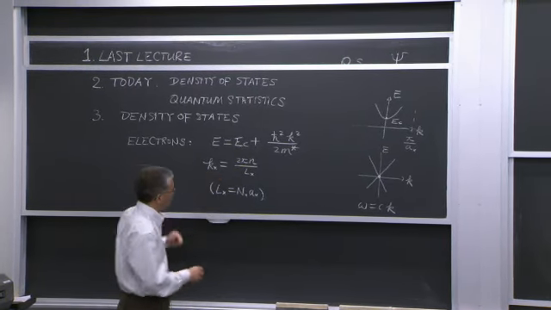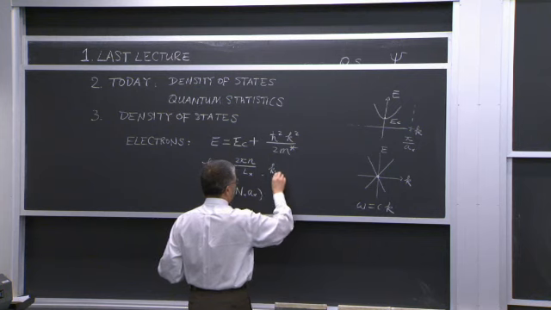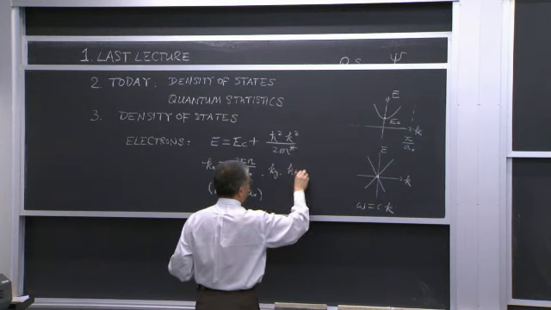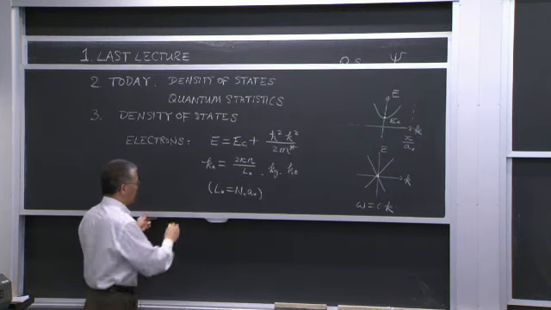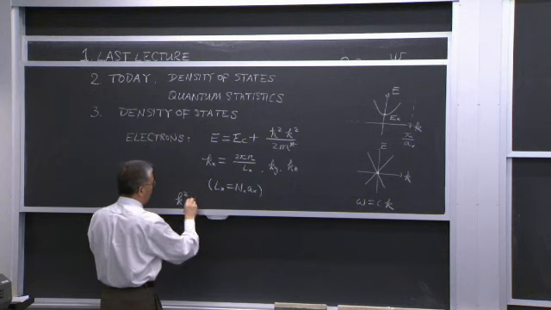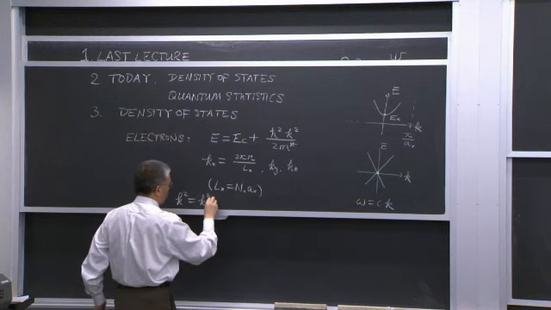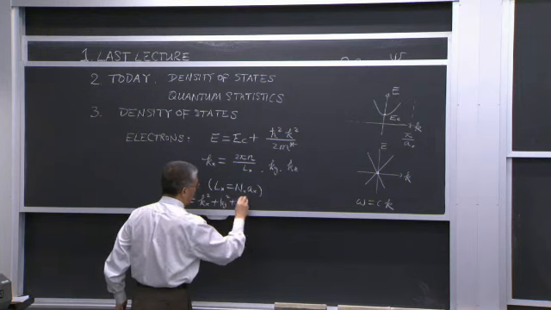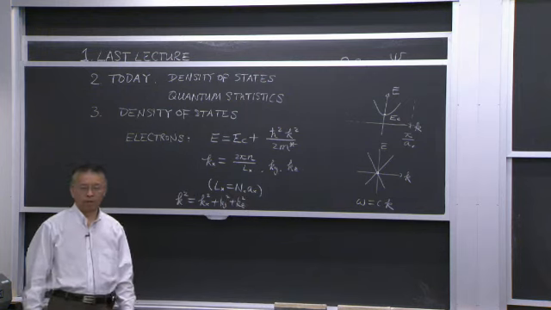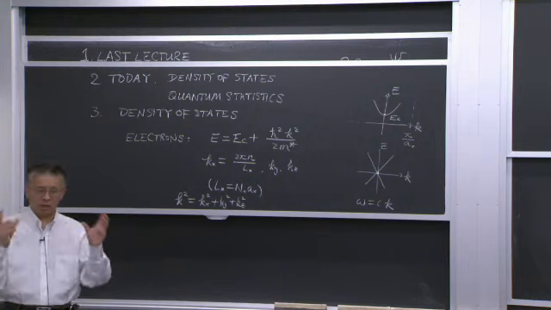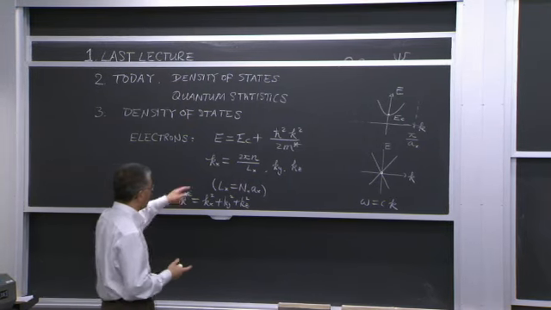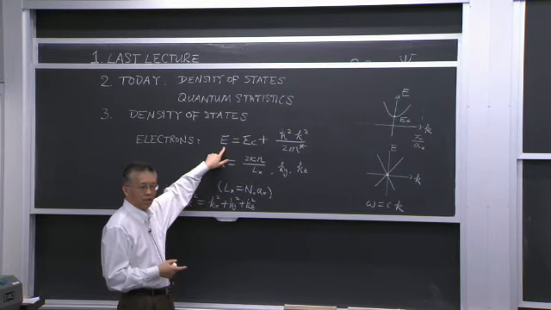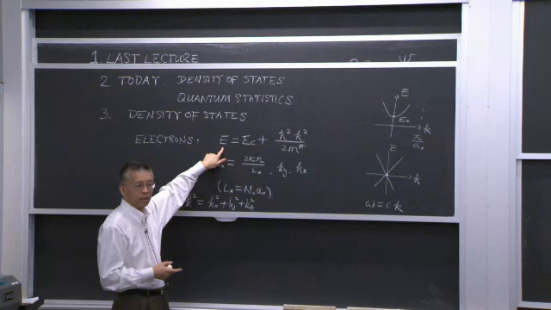This is kx, and of course I have similarly ky and kz, and k squared is a combination of kx squared plus ky squared plus kz squared. So this means my constant energy surface, if k is a constant, energy is a constant, right?